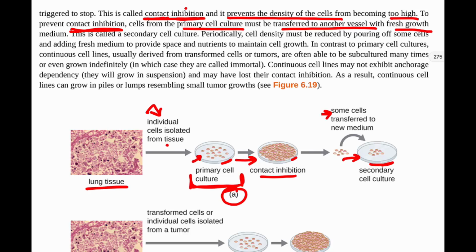Those will do just like the primary cell culture does. They'll start going through mitosis, and then they will get to a point where they have contact inhibition as well, where they have stopped undergoing mitosis, and they'll fill up this whole petri dish, and then they'll have to transfer new cells if they can. The thing is that cells can only divide so many times.